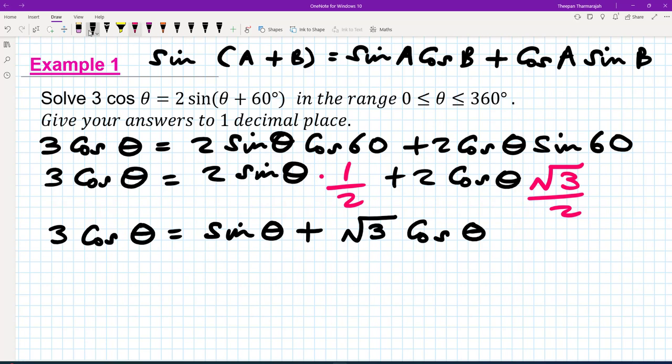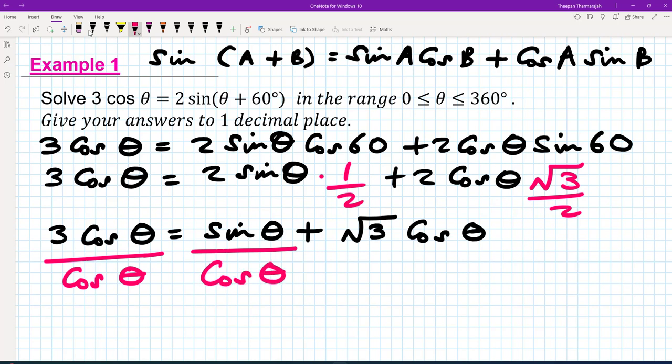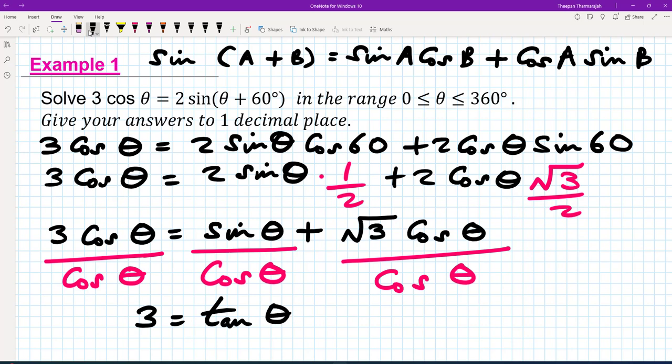So then, like before, we're going to divide throughout by cos theta. And then we get 3 equals tan theta plus root 3.